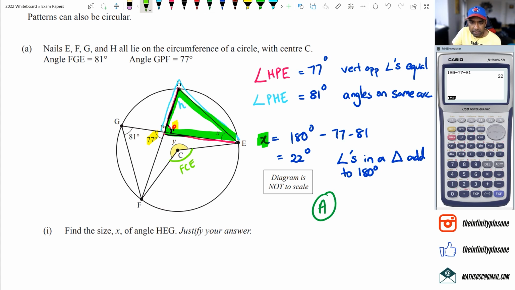Once we figure that angle FCE out, then we can do angles at a point to figure out what Y is. Now, there is a relation between angle FCE and 81, because we know that the angle at the center of the circle is twice that at the circumference. So I'm just going to work through here, guys. We're going to put angle FCE equals 2 times 81, which equals 162 degrees.